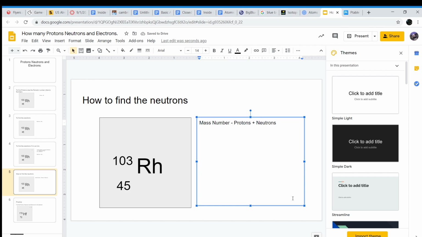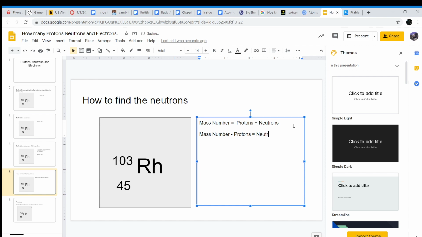So mass number equals protons plus neutrons. Therefore, if you have the mass number, you can subtract from that the protons, and that will give you the neutrons.